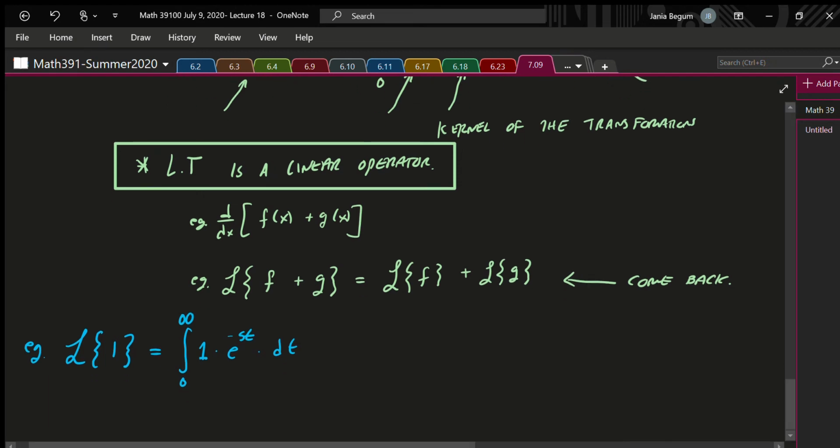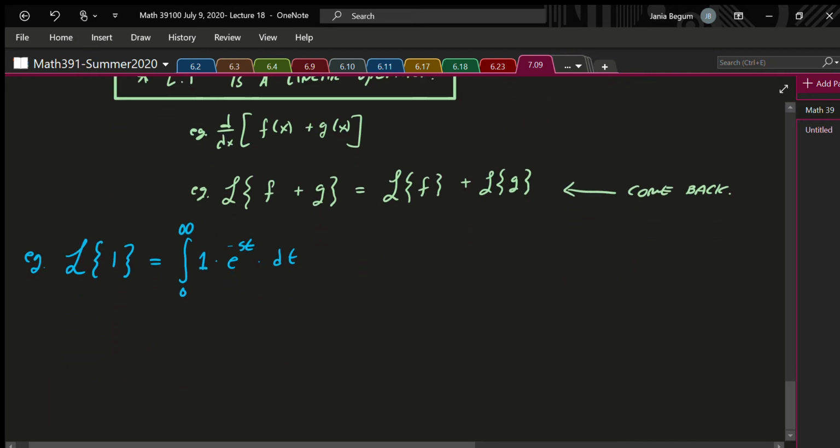So how do we integrate this? Before we integrate, we have to treat it as a limit. Why do we have to treat it as a limit? Because we have an improper integral.